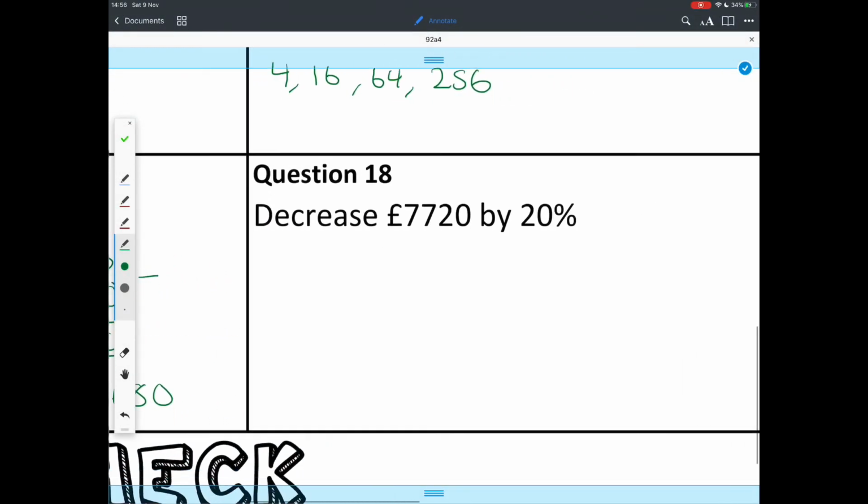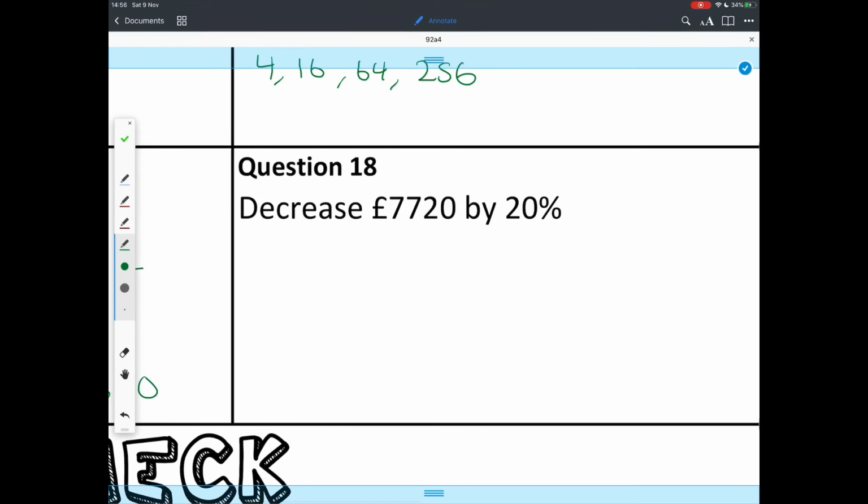So I can be confident that I've got the right answer. Okay. Exactly the same with this one, decreasing by 20%. So 100% is £7,720, which means 10% is £772. 20% is double that. So double 700 is 1,400.